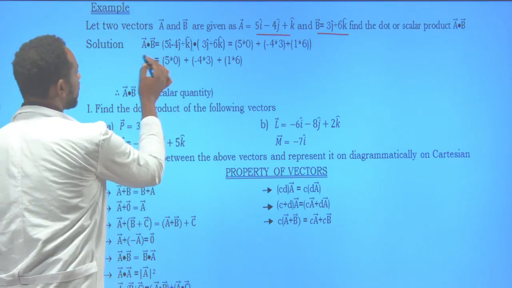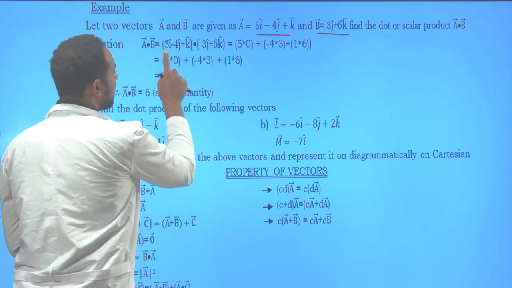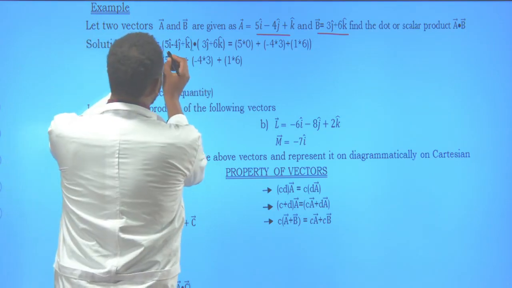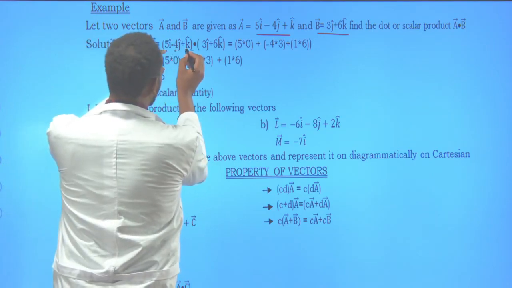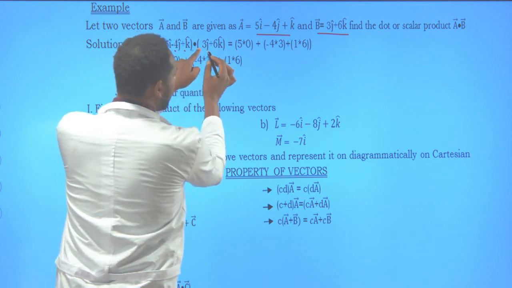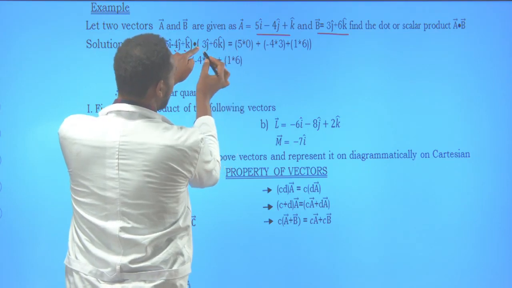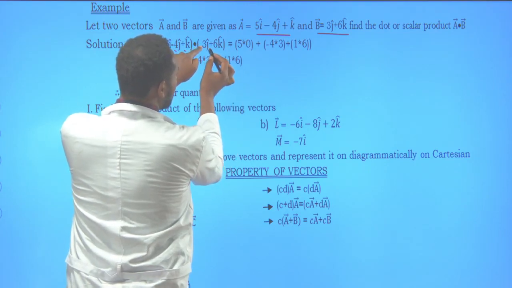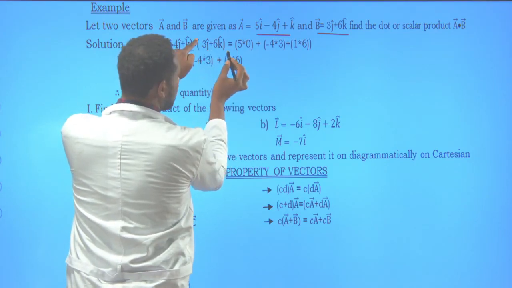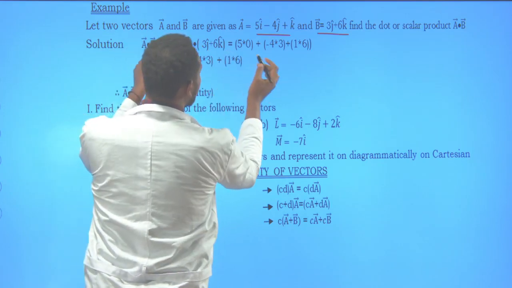To determine the dot product of the two vectors, we have said that just try to multiply the coefficients. Here, 5i, minus 4, and 1 are the components. And here, there is no i component, because it says 3j plus 6k, only the y and z components. Therefore, we should multiply 5 with 0.